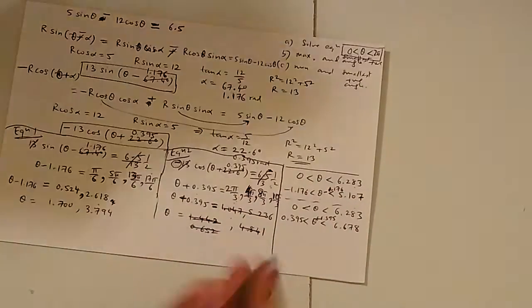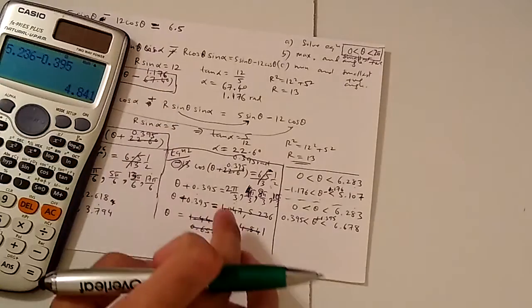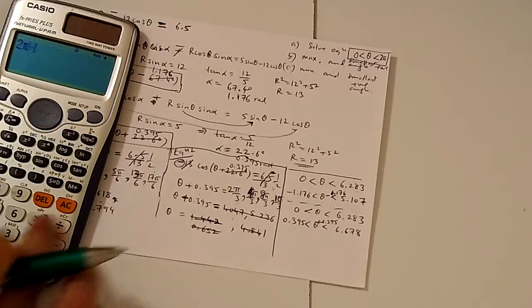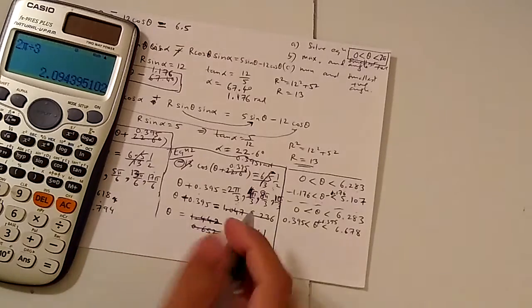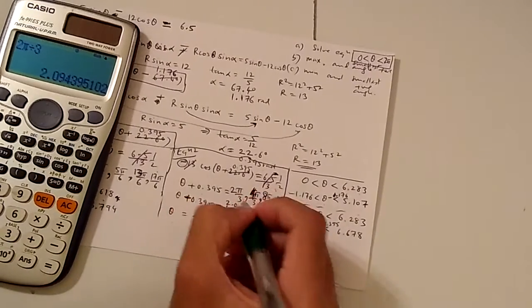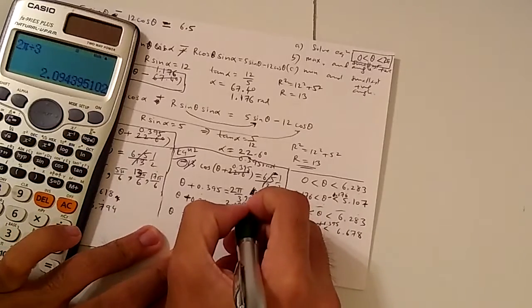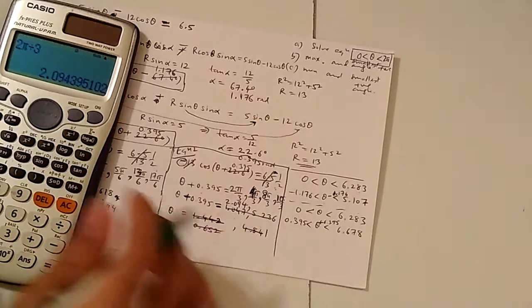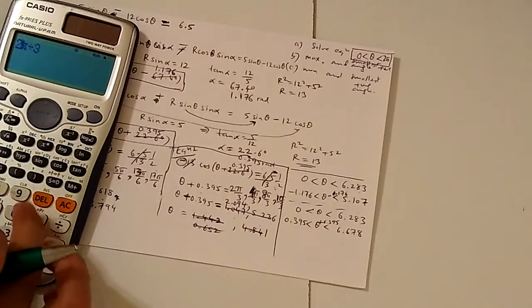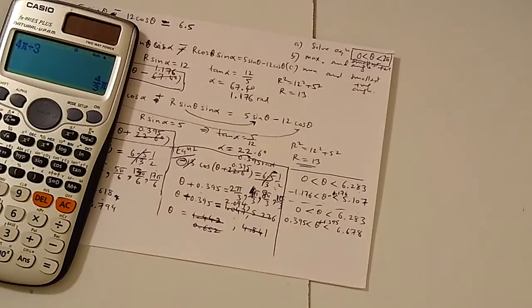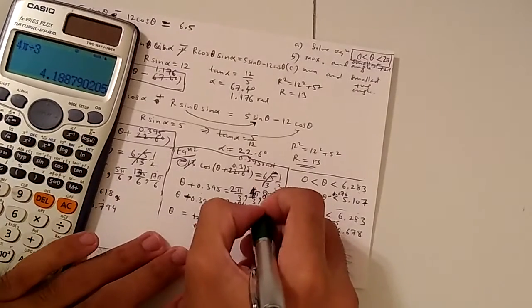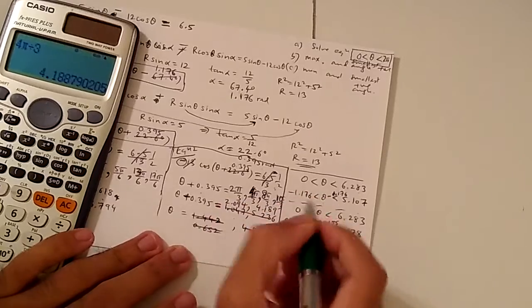Now back again over here, 2 pi by 3 is going to be 2 into pi by 3, which is 2.094, and over here we have 4 pi by 3, which is 4.189.